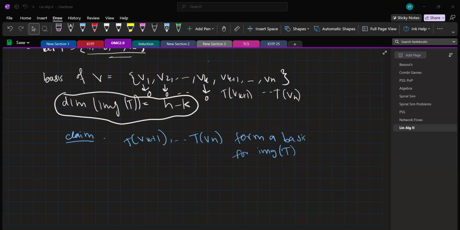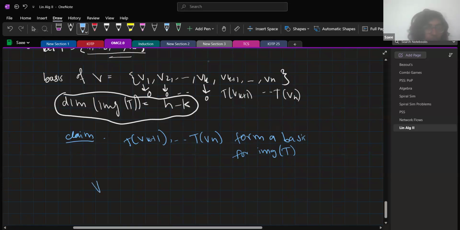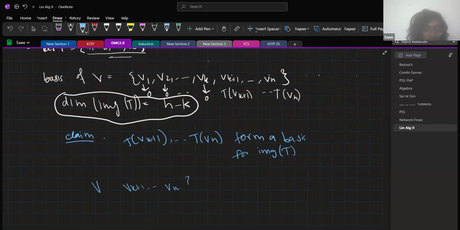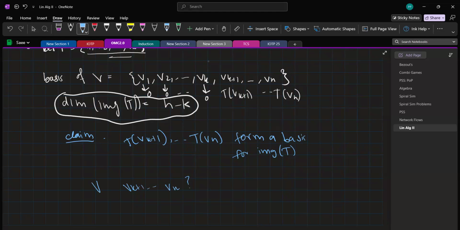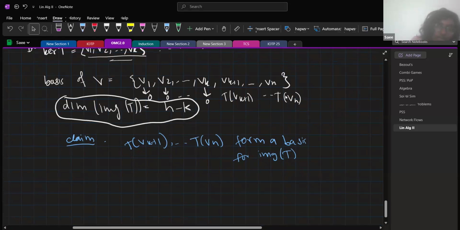I think we're talking about V, right? So you're saying you can form any vector in V from Vk plus 1 to Vn which is not zero? No. The basis of V is V1 to Vn. So you can form any vector using a linear combination of V1 to Vn.